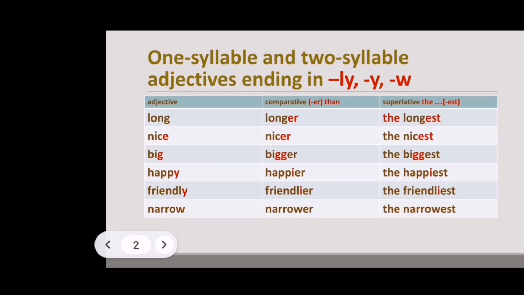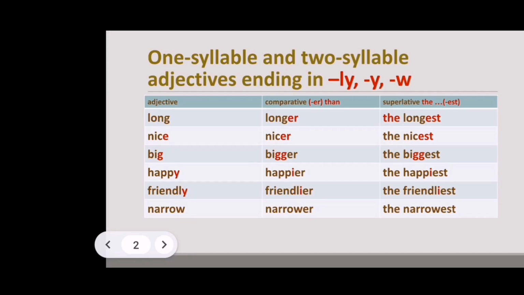One-syllable adjectives and two-syllable adjectives ending in ly, y, and w. Usually we just add suffixes er for comparatives and est for superlatives. For example, long, longer, the longest. If the last letter is e, there should be only one e, while adding the suffixes er and est.